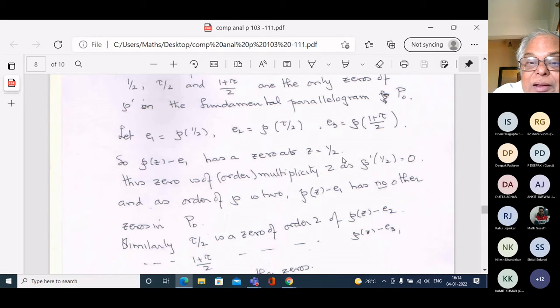But the number of zeros in any fundamental domain is exactly equal to the order. The order is 2. Therefore, P(z) minus E1 has exactly 2 zeros in the fundamental domain. And I know that half is a double zero of P(z) minus E1.